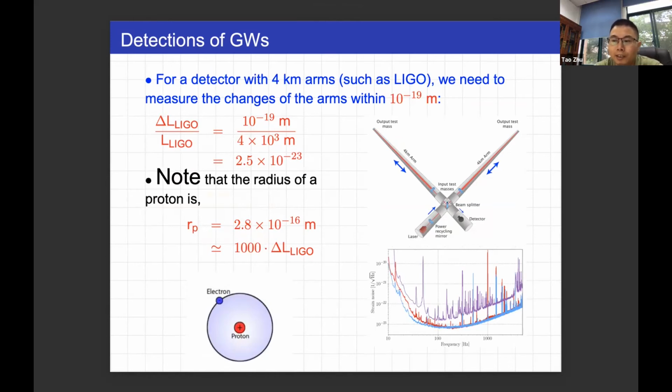Such a length change is extremely small, even smaller than the radius of a proton. From this fact, one can imagine how difficult it was to detect gravitational waves in that era.